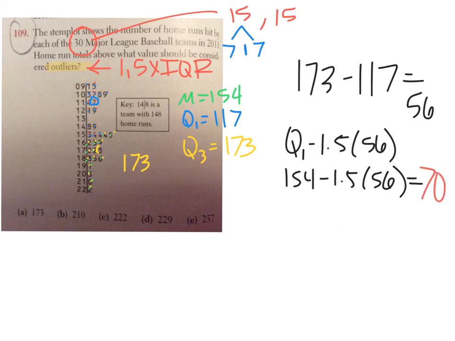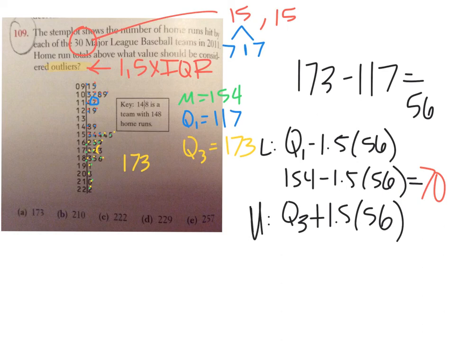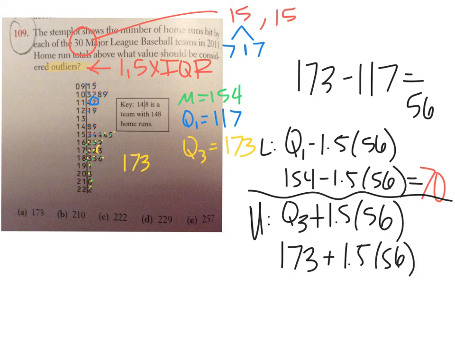And then I'm also going to do Q3 plus 1.5 times 56 to do the upper boundary. And let's see, Q3 was 173. Which is going to give me 257.